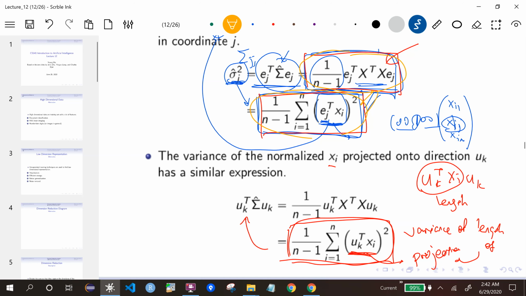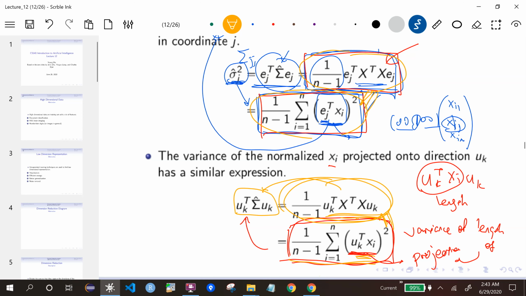Basically, I don't want to go through this, so I'll just say that they are similar. So using the equivalence between those two that we just derived, I want to just say that these two are similar as well. So we can go back from this expression here, the variance of length of projection, back to the matrix expression like this. And this expression, by the way, is just that.